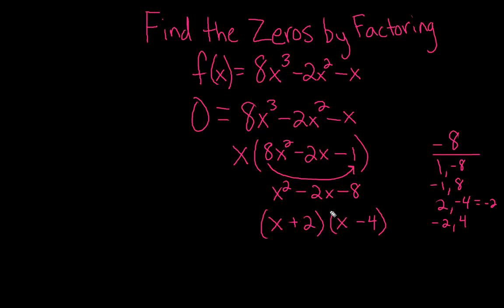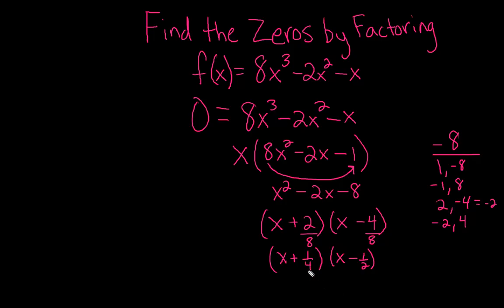From here, remember, we multiplied by 8, so now what we have to do is divide each side by 8. And then we're going to go ahead and simplify our fractions. So x plus 1/4, and then we have x minus 1/2.